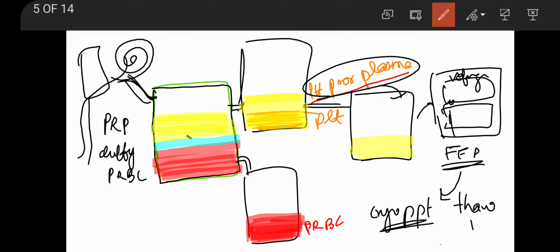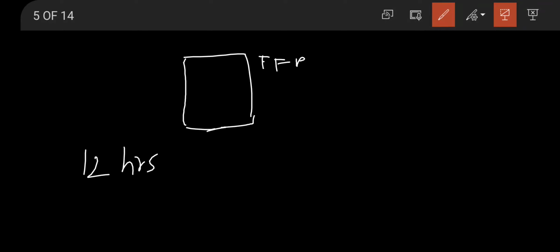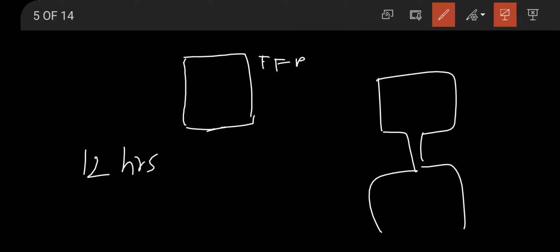So here you have to thaw it for 12 hours. I can show you like this. Again, this is the fresh frozen plasma you have taken from the refrigerator. Hours you are keeping it at room temperature, thawing, such that you are connecting it into a separate bag.